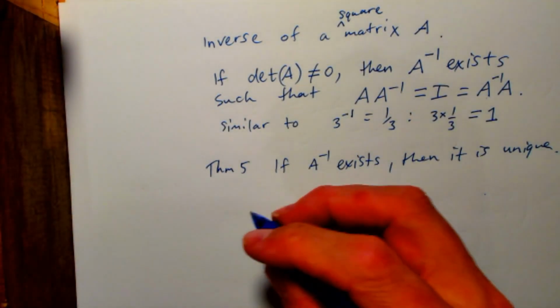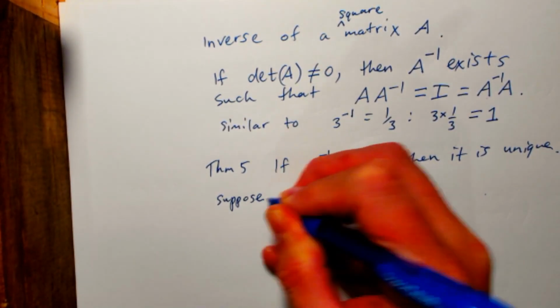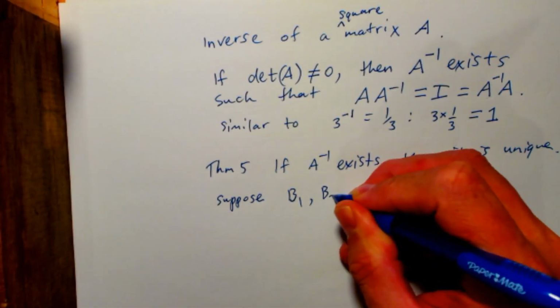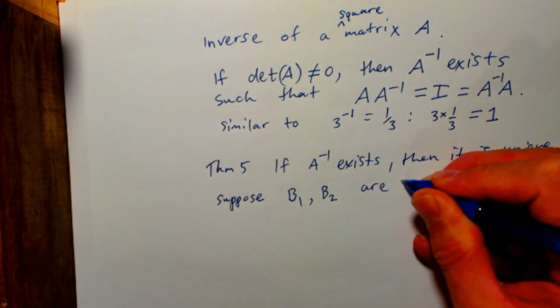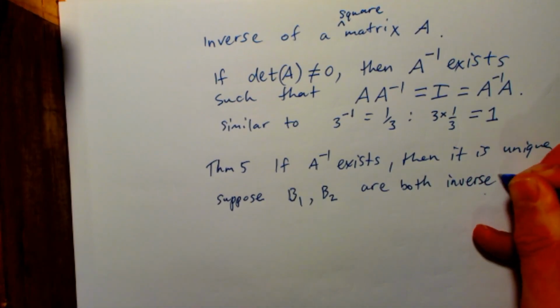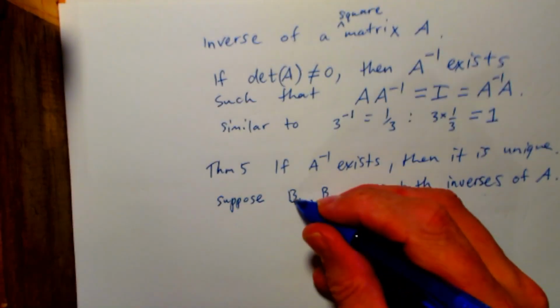Alright, so let's prove this. So suppose B1 and B2 are both inverses of A. So we want to show that B1 has to be equal to B2.